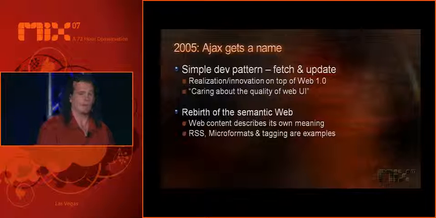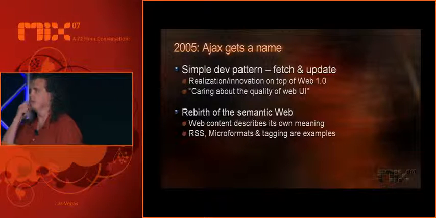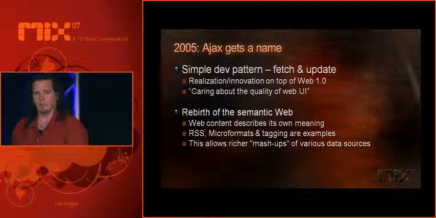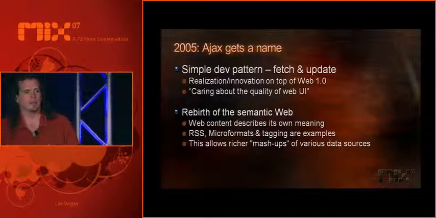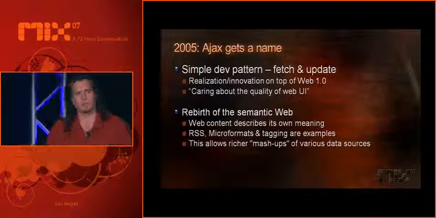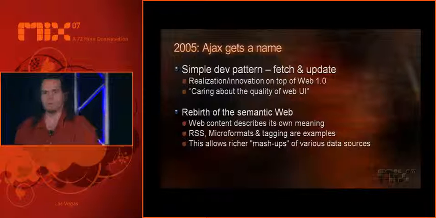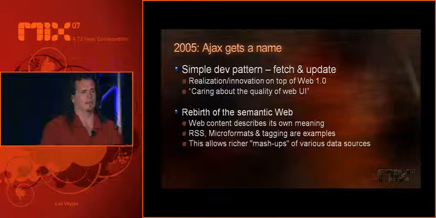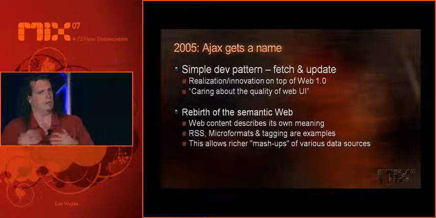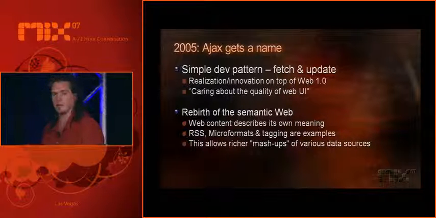Microformats, just tagging in general, are examples of what I mean when I say semantic web. The reason this is cool is because it allows you to reuse the data. It allows you to mash up different data sources together because they describe themselves in some way that allows you to understand them in a way that you couldn't when they were just presentations on the web with no semantic information about what the content meant.